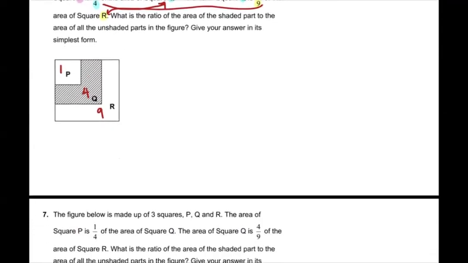Now next, you can identify square Q is 4, no change to the earlier fraction, and square R is 9. Nine inclusive of Q, okay? Basically inclusive of the earlier squares. Now, so you can express them all in ratio. P is to Q is to R would be 1 is to 4 is to 9.